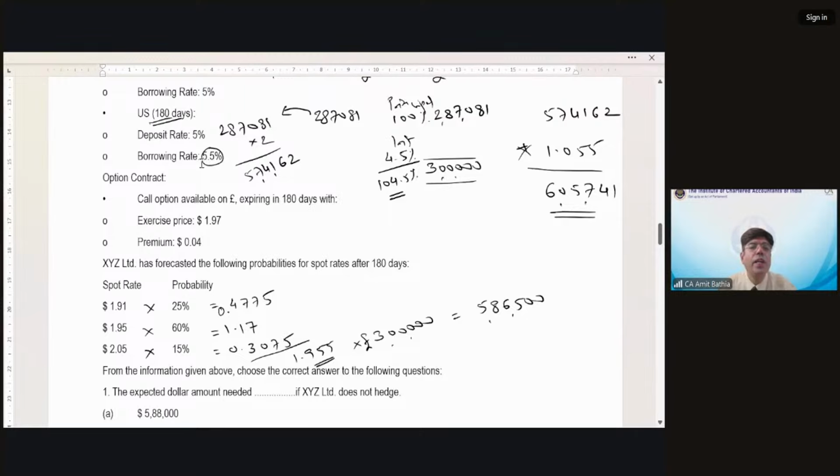US borrowing rate is 5.5%, because today you are not going to pay anything. So you are taking this premium amount, which is to be paid upfront, and you'll have to pay interest on that. This is 4 cents per pound, so what you need is effectively $12,000.